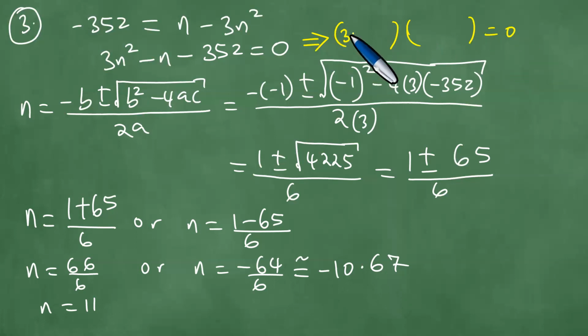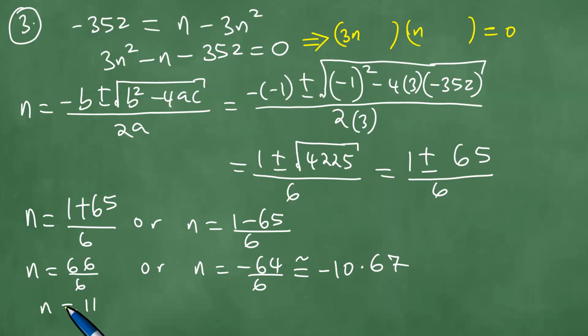The factors of 3n squared are 3n and n. Now what are the factors of the 352?